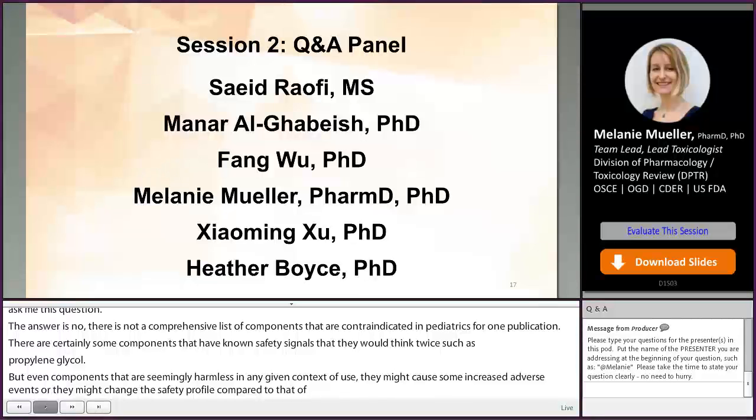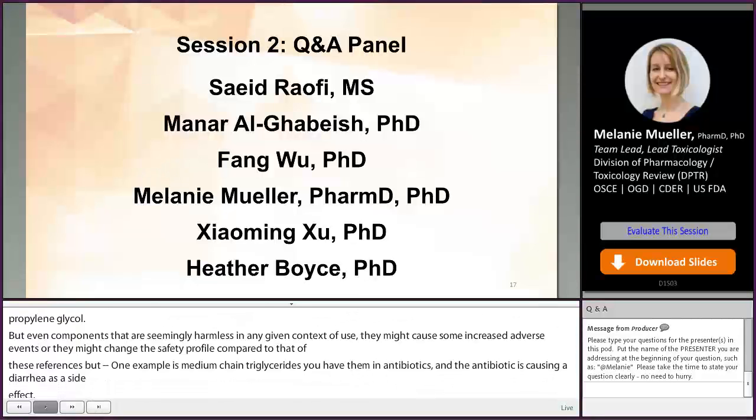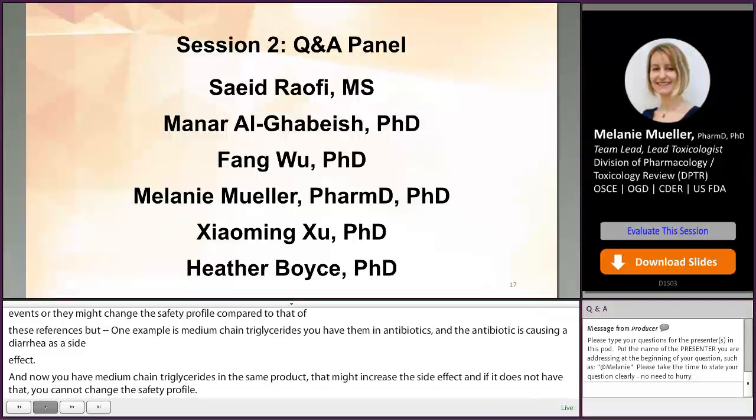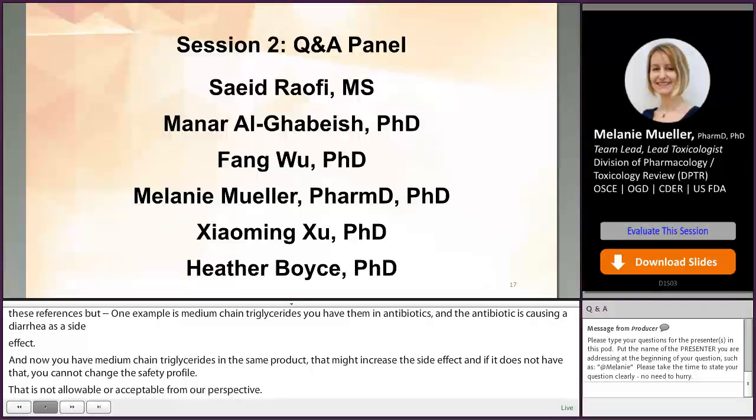And if the RLD doesn't have that, we cannot be changing the safety profile, and that is not allowable or acceptable from our perspective. So basically, any ingredient under any given context of use could cause an issue. And so, no, there is no comprehensive list. I hope that explains why we don't have and keep such lists.